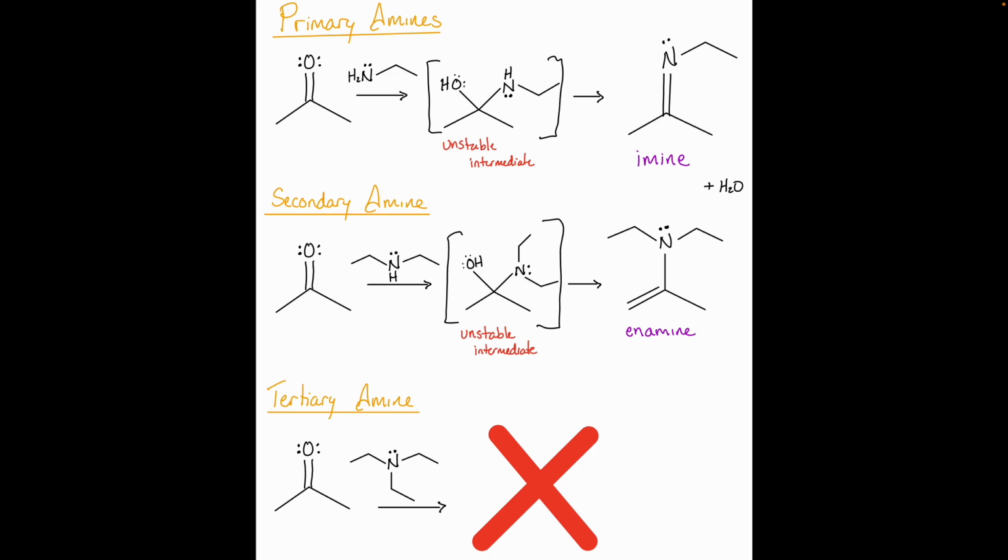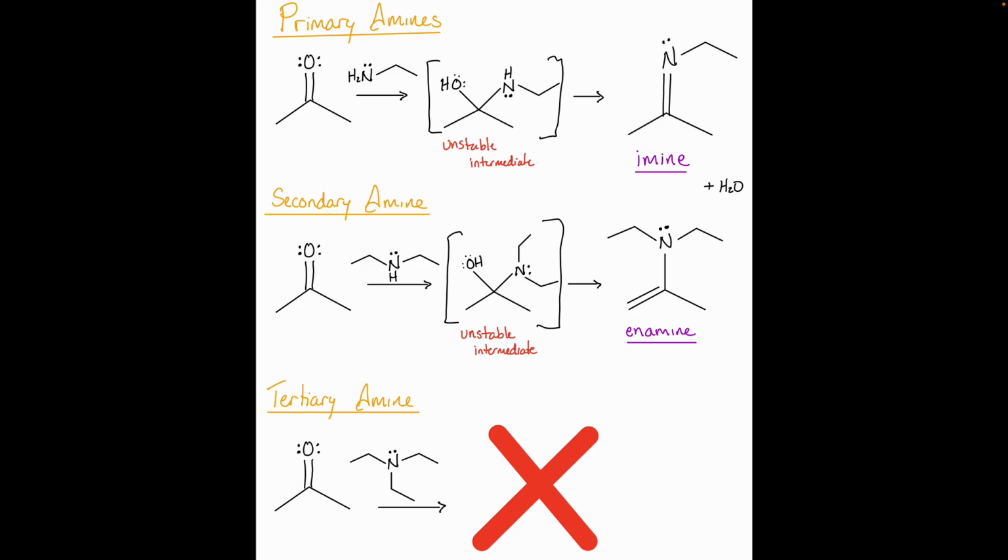So with a primary amine, you get this carbon-nitrogen double bond, what we call an imine. When you have a secondary amine, you can't possibly get a carbon-nitrogen double bond because there's not another hydrogen. So instead, when that oxygen leaves, it steals a hydrogen from a neighboring carbon, giving you an enamine.